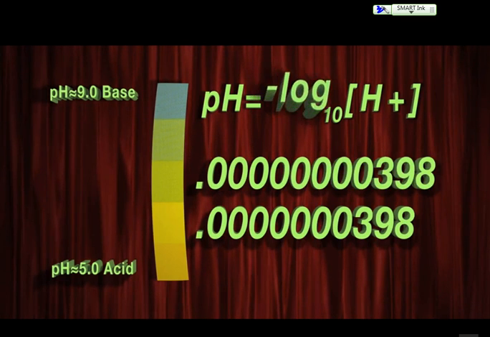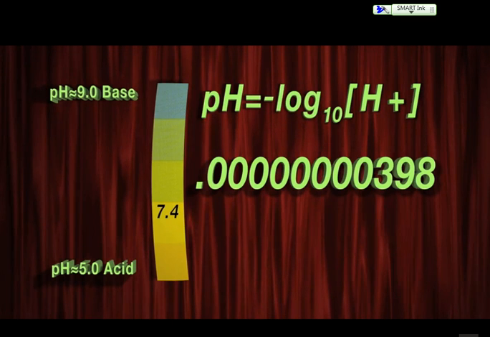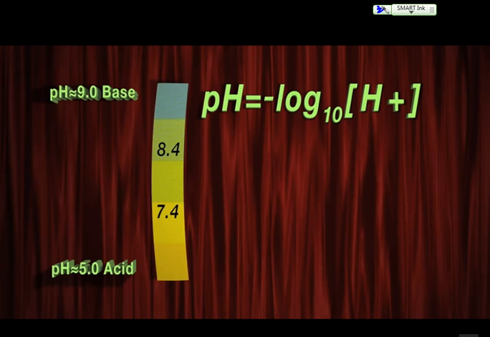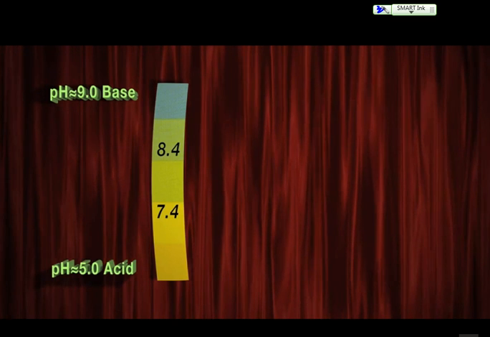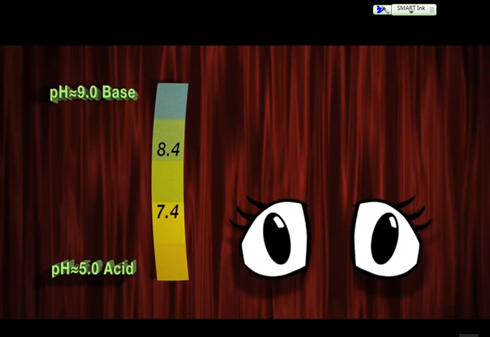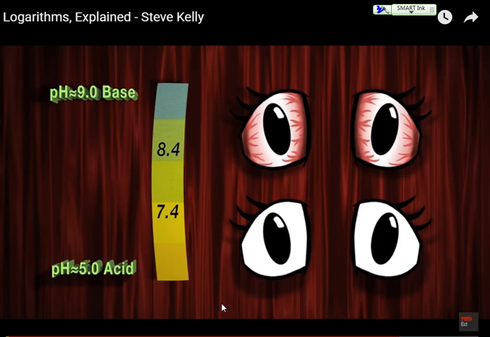Quickly on a calculator, punch negative log of each of those numbers, and you'll see the pH are 7.4 and 8.4. Since the tears in our eyes have a pH of about 7.4, that H+ concentration will feel nice in your eye, but the pH of 8.4 will make you feel red.